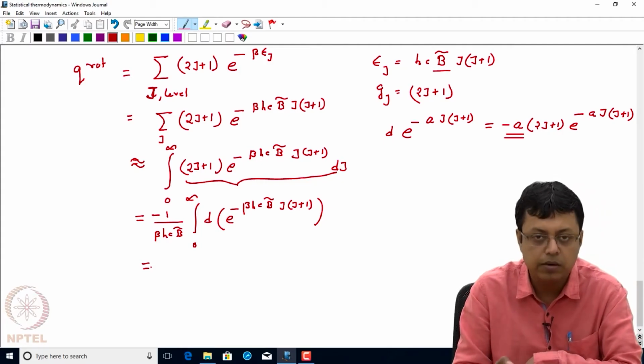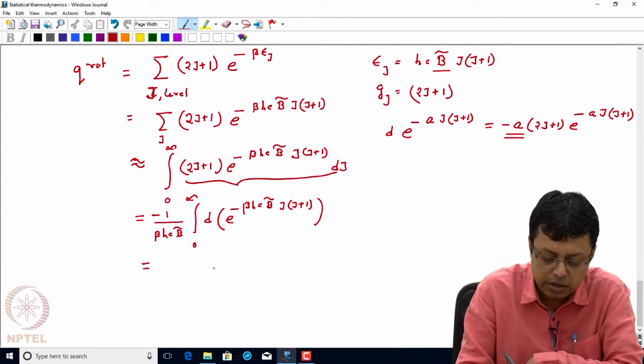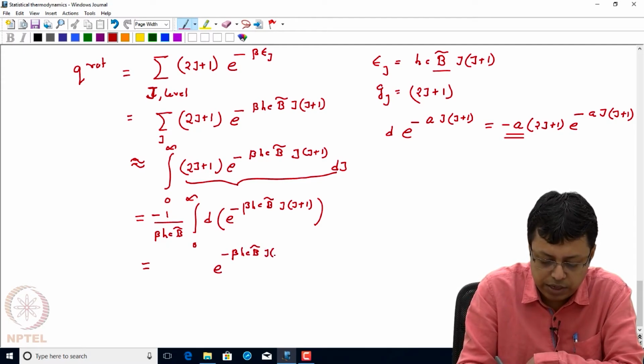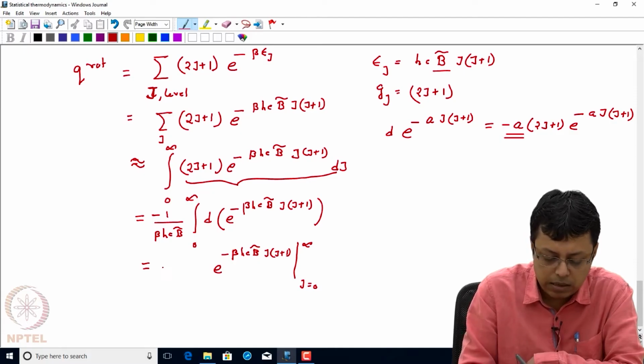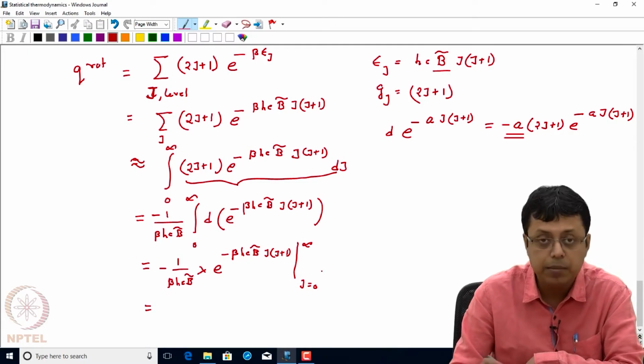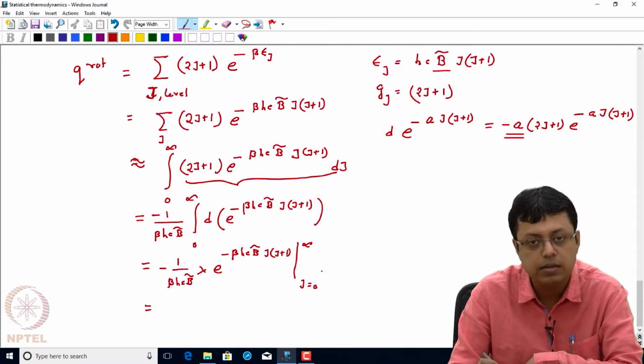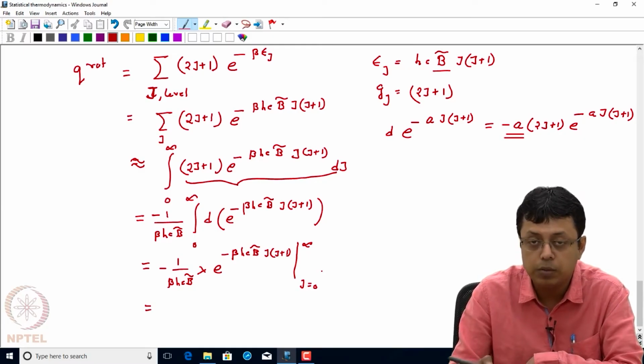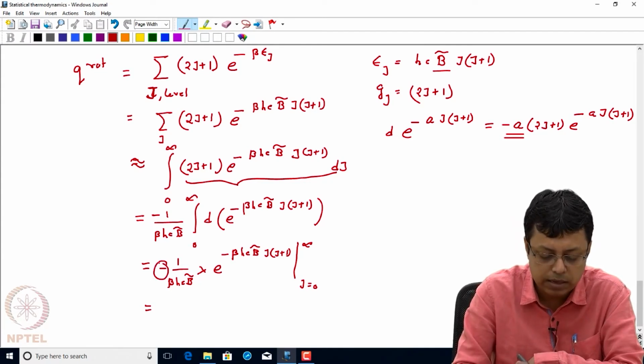It's the integral of dx, so the value is x. So I just have to evaluate e to the power minus beta hc B tilde J(J+1) between the limits J equals 0 to infinity, and I have one more constant in the front, beta hc B tilde. The upper limit, e to the power minus infinity, is 0, and the lower limit is e to the power 0, which is 1, so it is 0 minus 1. Together it will be minus 1, and now you have a minus sign here.